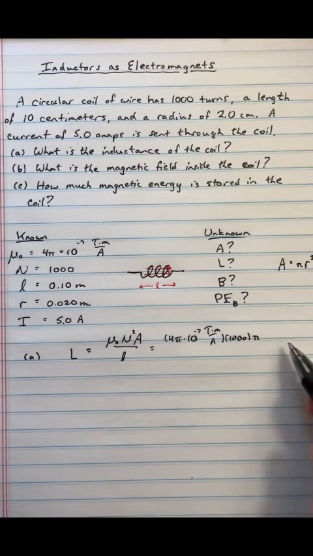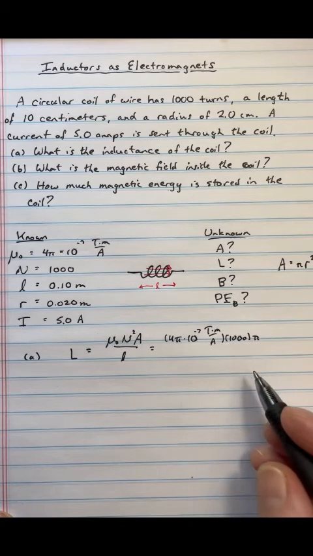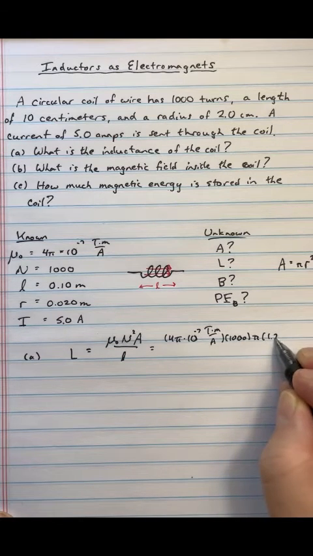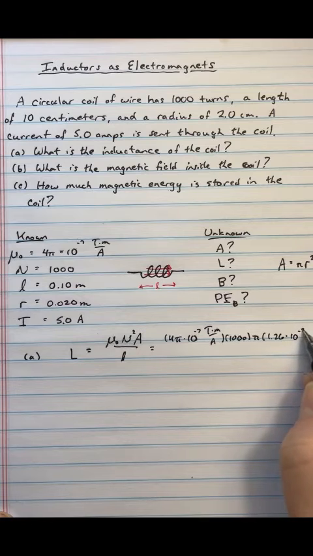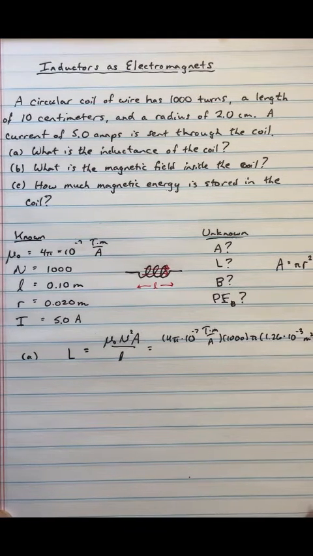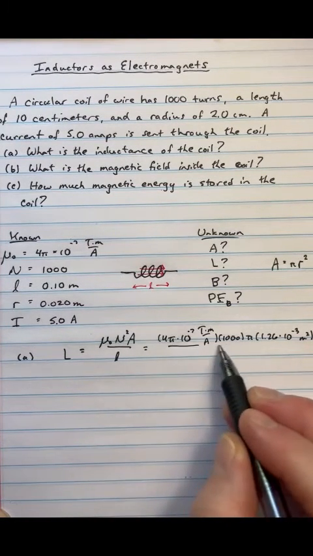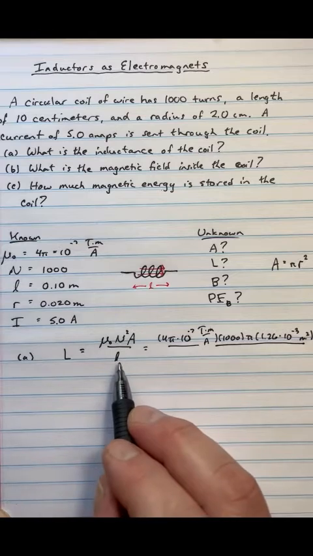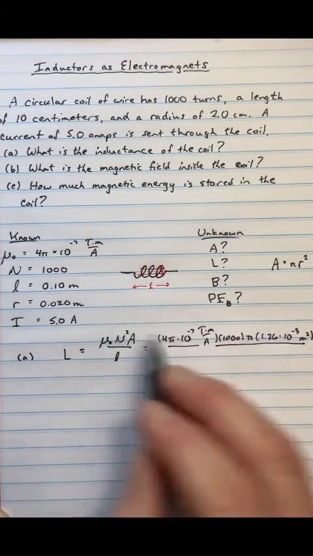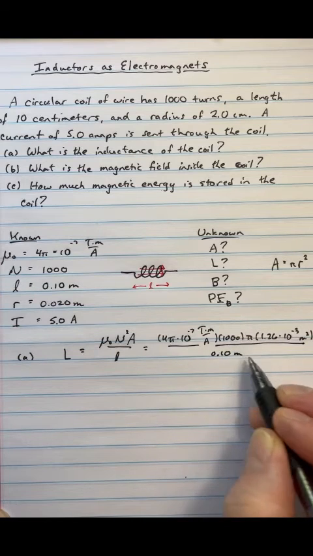And so if I put that in, and I've already gone ahead and calculated it, capital A then is 1.26 times 10 to the minus 3rd meters squared. If you want to, it wouldn't be a bad idea to double check my math, make sure I got that number correct. All of this divided by the length, again from here to here, which is 10 centimeters or 0.010 meters.